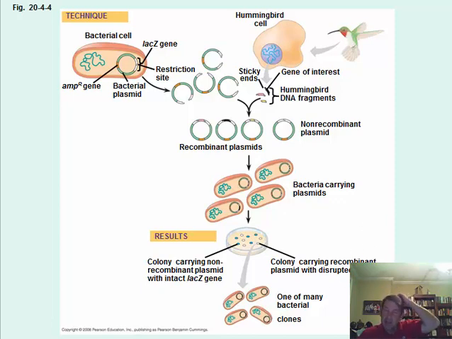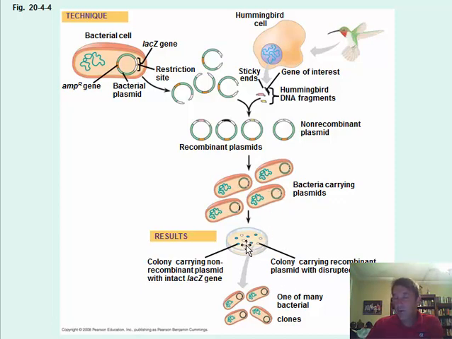And so this technique is used a lot for different things. It's used to make a copy of a gene that is of interest. Agricultural practices use this quite a bit, and human therapies use this. It may be to make proteins.